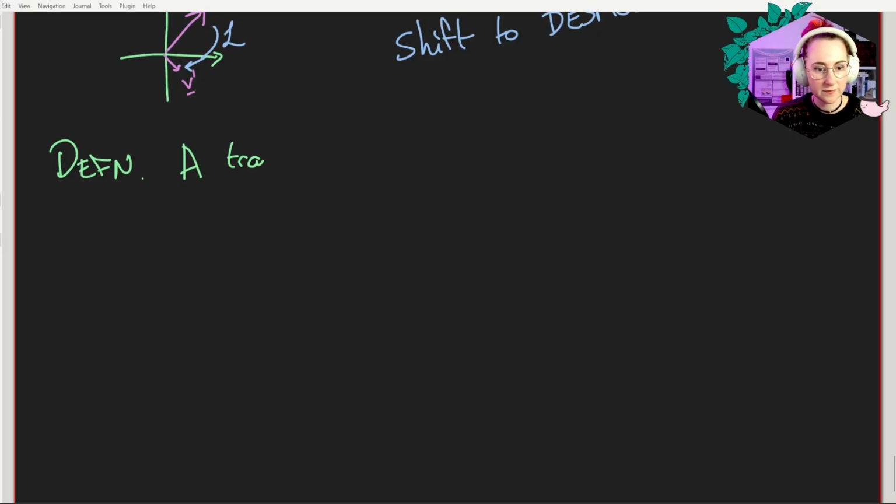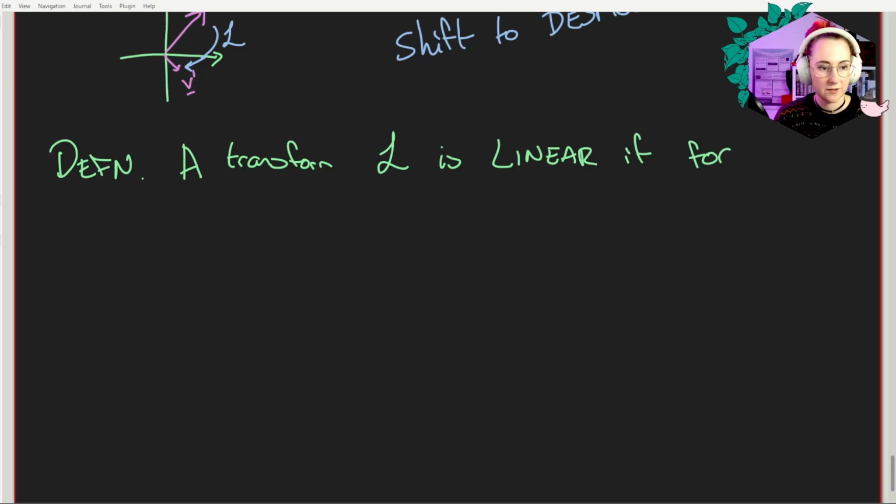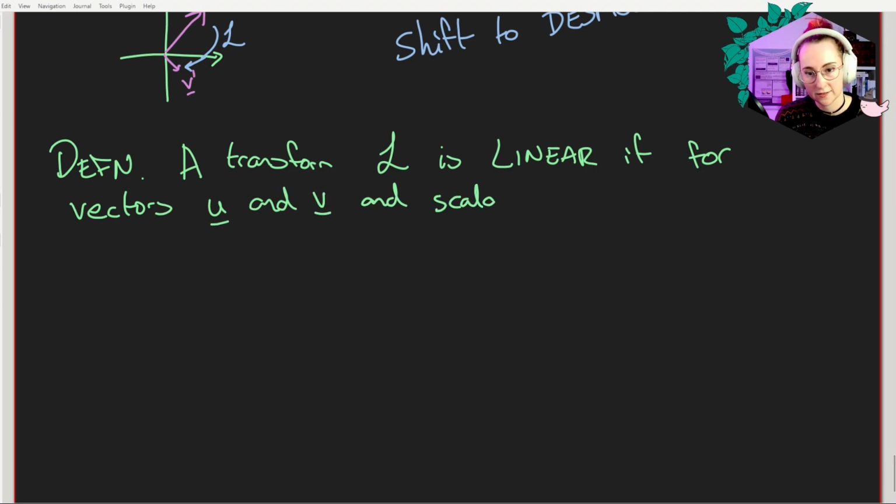Okay, so definition. A transform L is linear if, for vectors u and v and scalar k, it satisfies two rules.